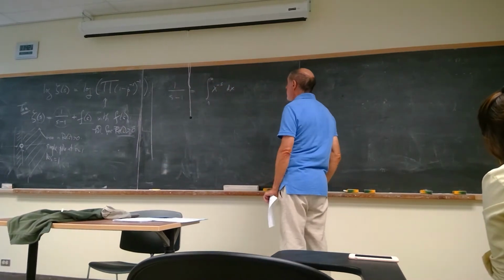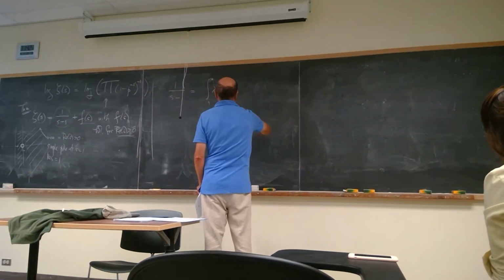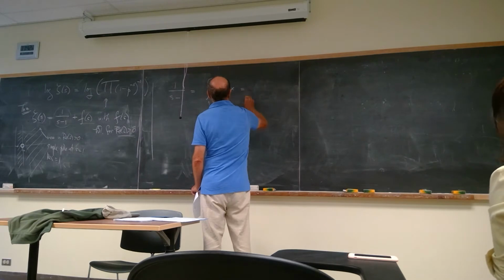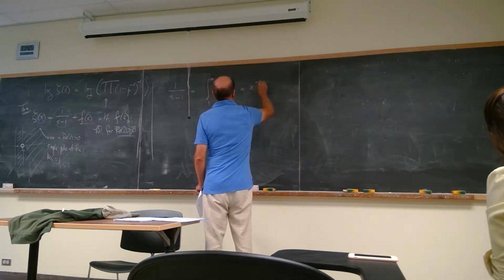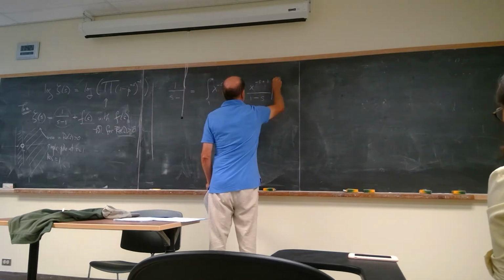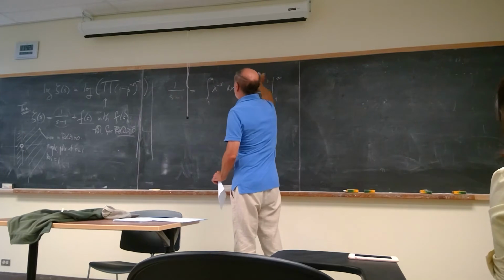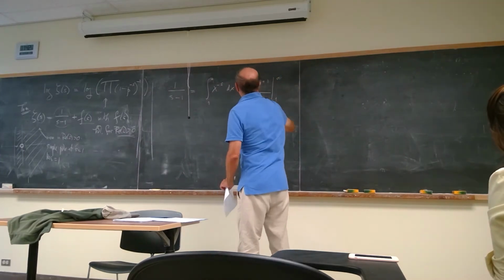Okay, why? Well, because we know the fundamental theorem of calculus, and this is x to the minus s plus 1 over 1 minus s, evaluated from infinity to 1. And this is taking s initially real, but you can do it complex.